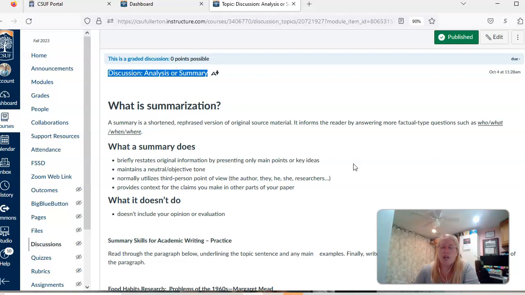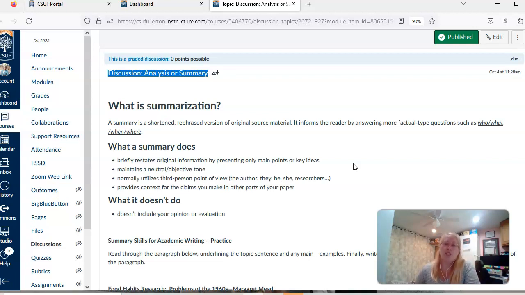If you're doing one paragraph, it's a little bit more advanced. It requires a little bit more narrative skill to weave together the summary and analysis, but it also will help you and prepare you for your next paper, the literature review.